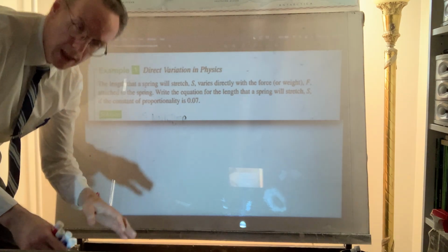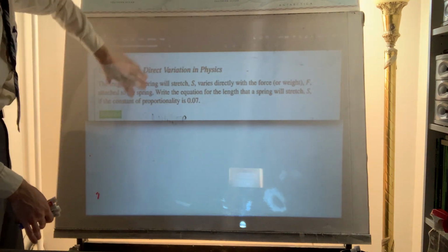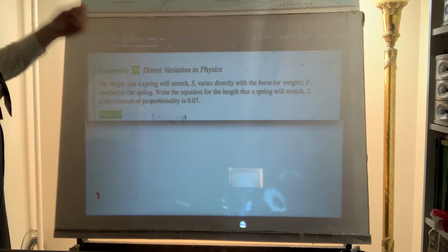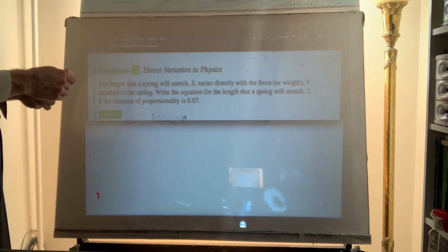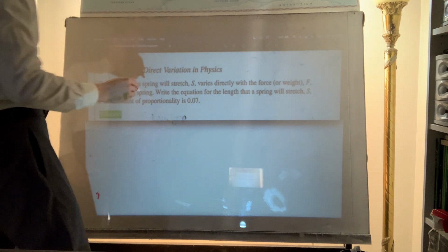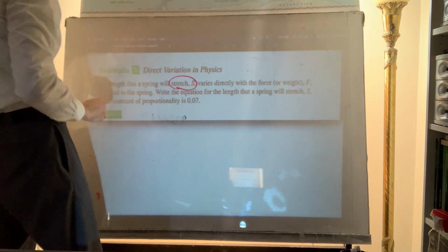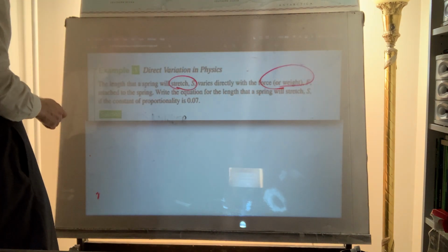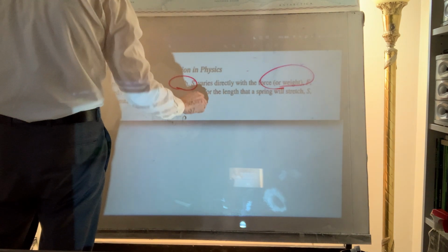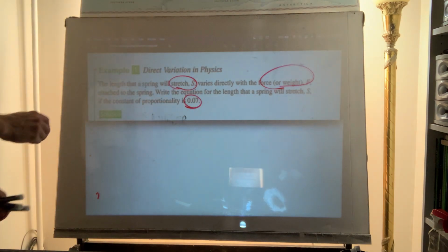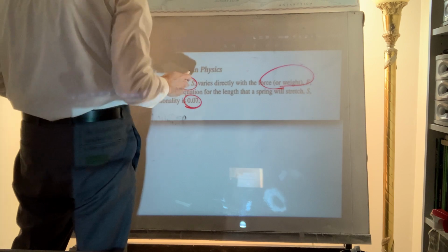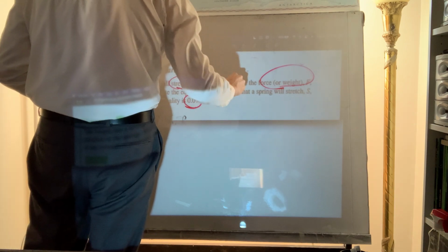As with all translation from English into math speak, look for visual cues. They did give you the variables. You don't have to assume anything yourself. Stretch is S, force, weight, is F, and you have a proportionality constant, which is an actual number, 0.07. They also said this, which is new to us in this section: varies directly.